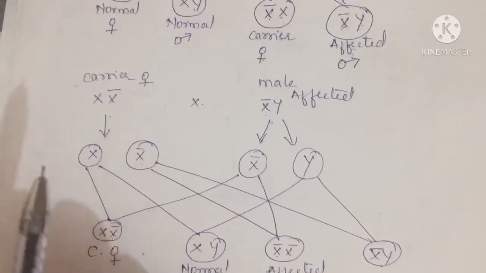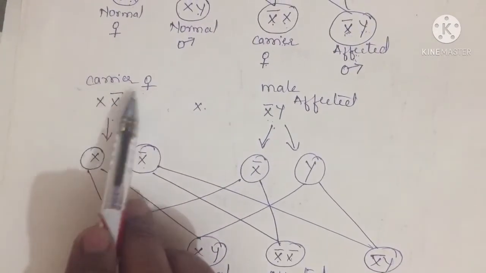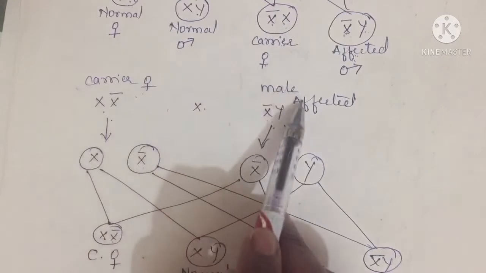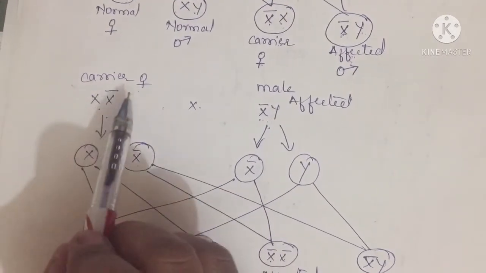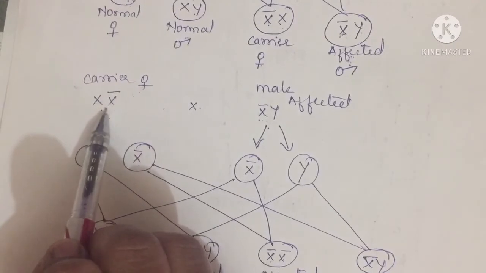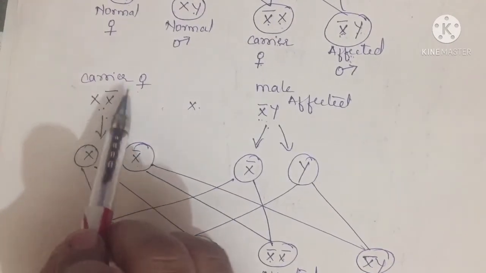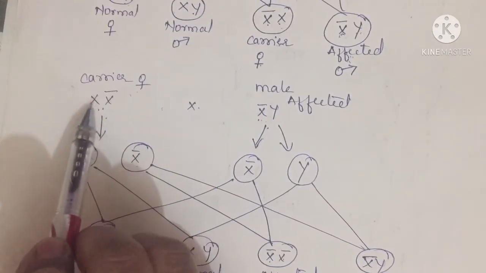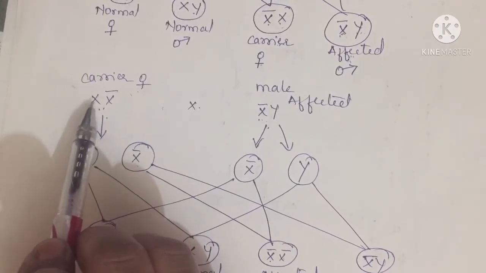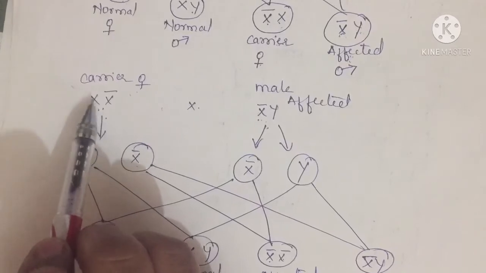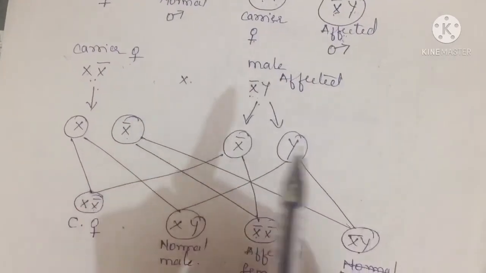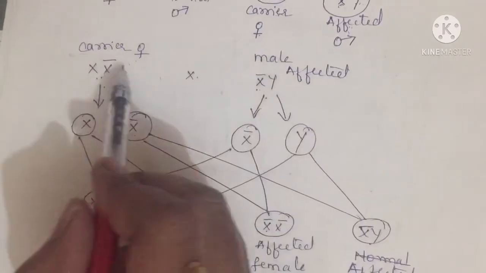The chances are there when at least the female must be a carrier and the male must be affected. At least, I'm saying. Why at least? Because at least a female must be a carrier means either she can be a carrier or she can be affected. In both cases, you will get that the female will be affected.